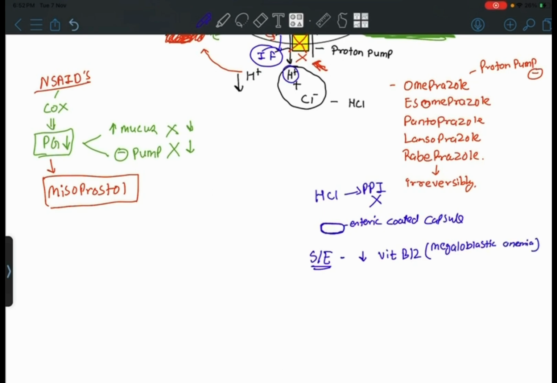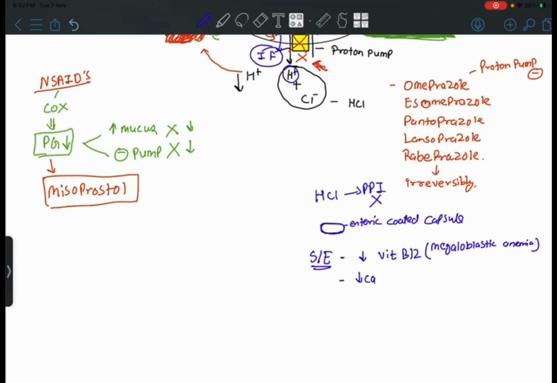Okay. Another side effect we can see is, if we give this medicine to elderly women, as we know, the estrogen is not there or in a minimum amount after menopause, so calcium is already low in the body of the woman, and this medicine also decreases the calcium level.